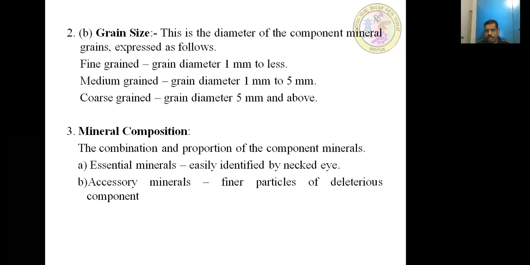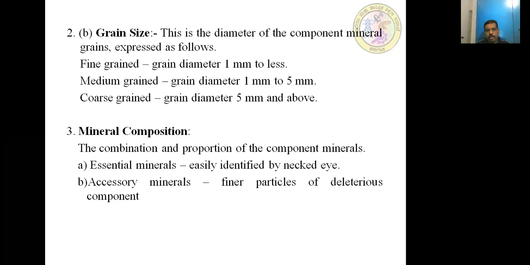If the rock is fine grained, the grain size is less than 1 mm. If it is medium grained, then the size is between 1 mm to 5 mm. And if it is coarse grained, the grain size is more than 5 mm.